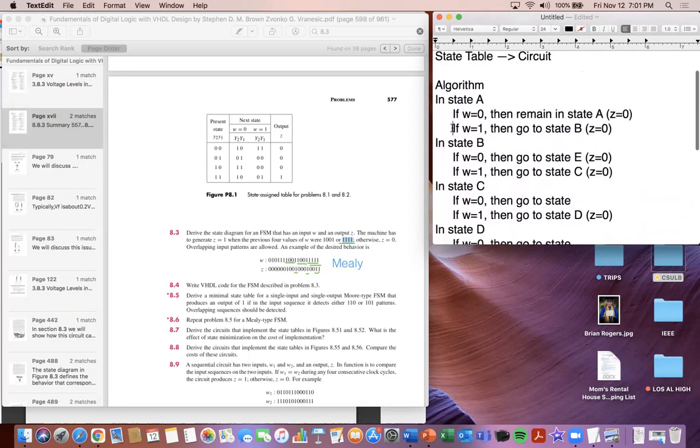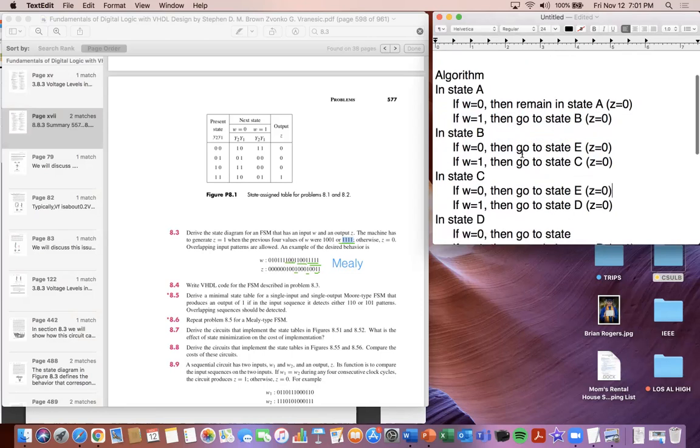So if W is 1, we start out with 1, and then it's 1 again, and then we get a 0. That means we could still follow the pattern of 1, 0. So 1, 0 would be the same as going here, 1, 0. So I'd say go to state E, with Z equals 0.